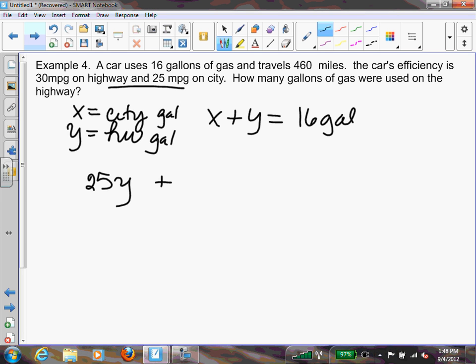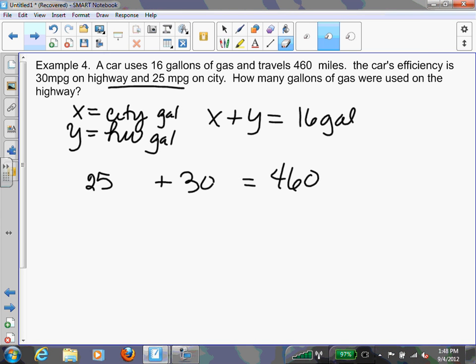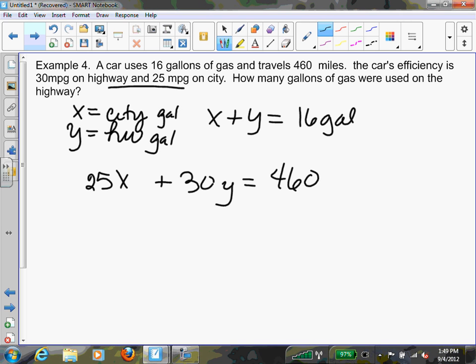Plus, what's my next one going to say? 30 equals, no, 460 miles. 30 is, oh, do I have this backwards? Sorry. So 30 should be Y, and 25 is city, which is X. There we go. Do you like it with two variables?